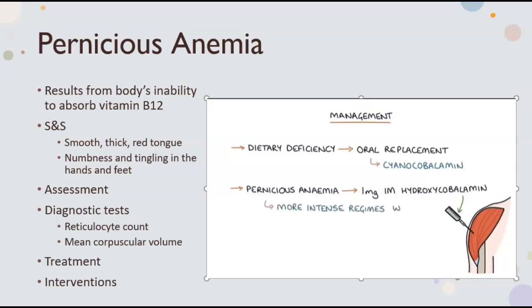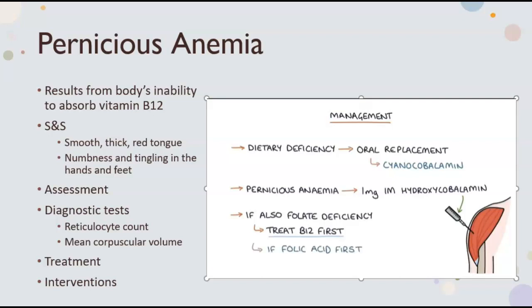And more intense regimes are used where there's neurological symptoms, for example, 1 milligram every other day until the symptoms improve. If there's also folate deficiency, it's important to treat the B12 deficiency first before you correct the folate deficiency.